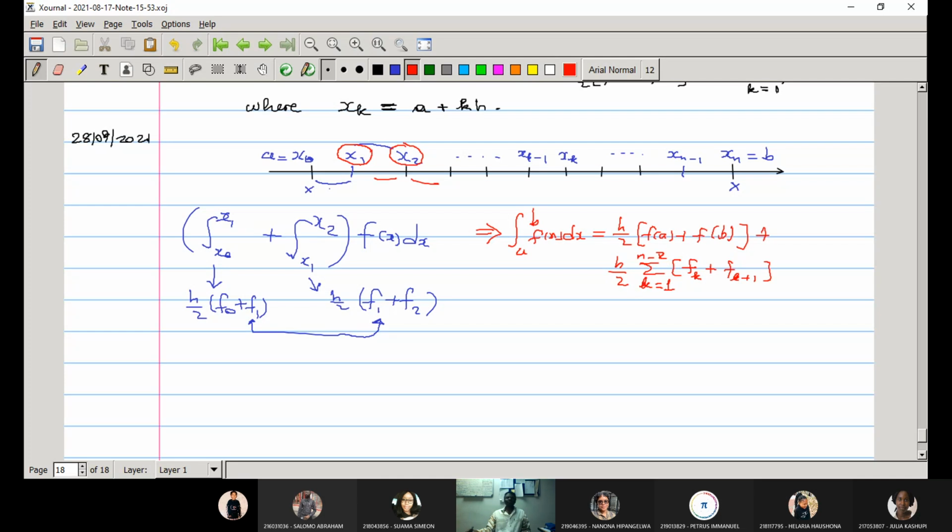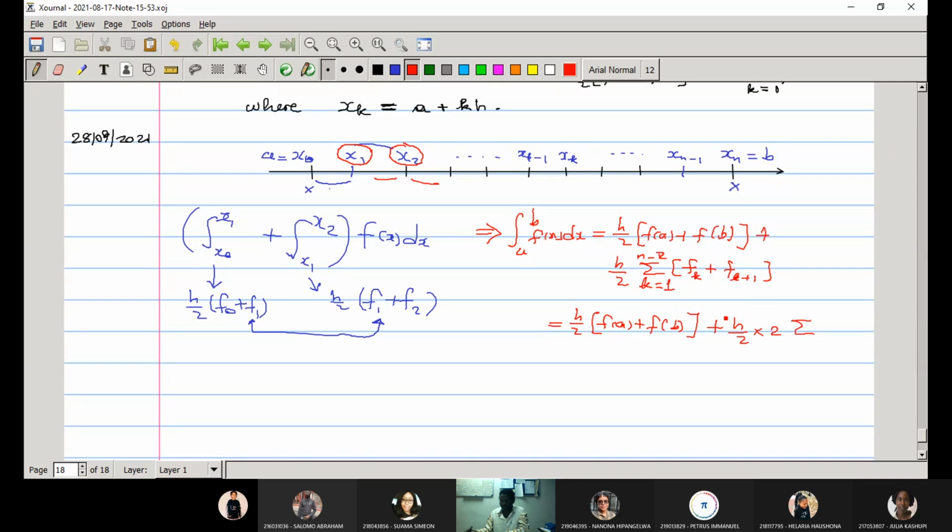Good. Now you see that I break this and that, I get this expression, right? Because some of these terms will be repeated twice when I am summing, I can reduce this as h by 2, f(a) plus f(b), plus h by 2 times 2 into the sum.